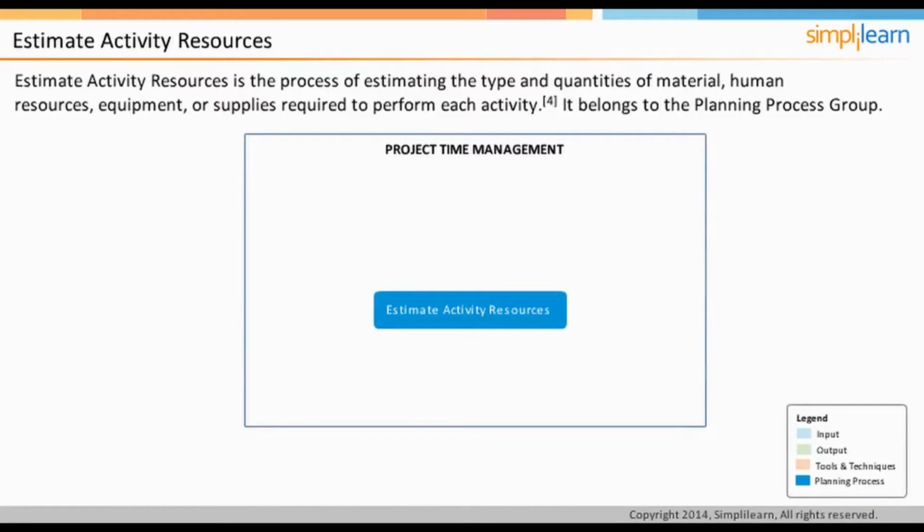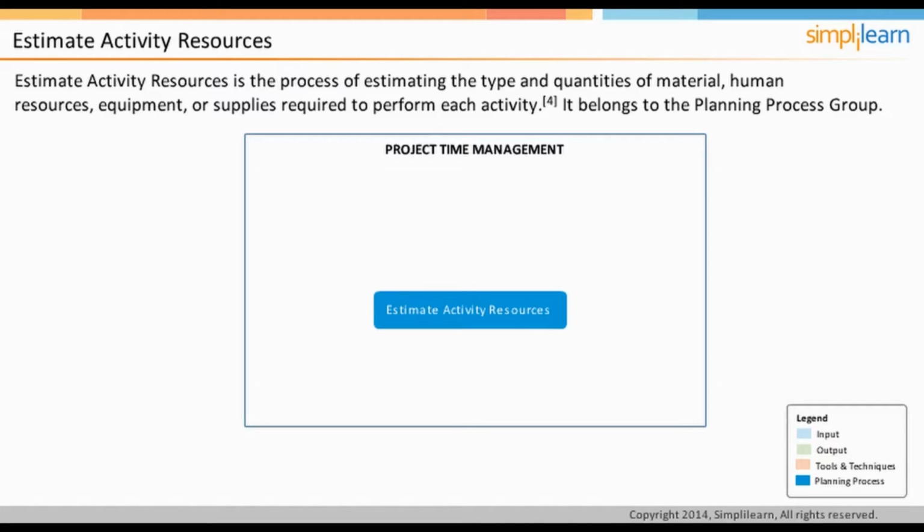After sequencing the activities, the next step in project time management is estimating the resources required to accomplish each of the identified activities. Estimate Activity Resources process also belongs to the planning process group.